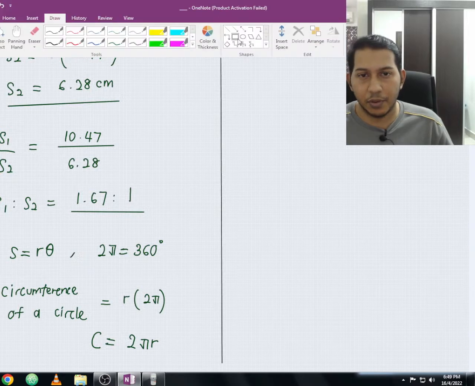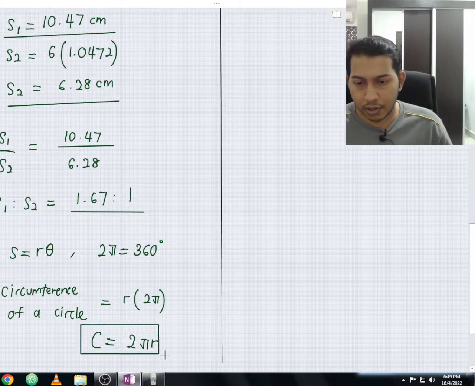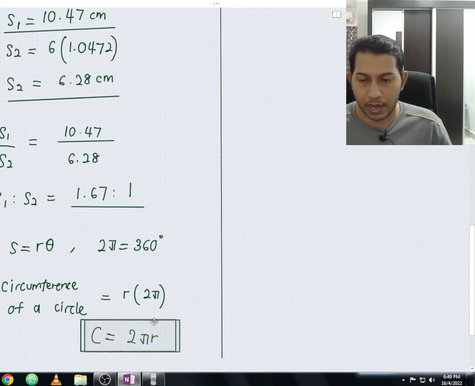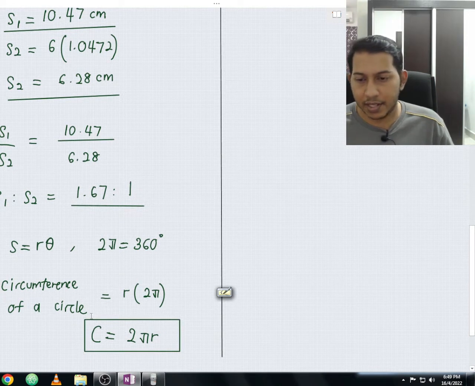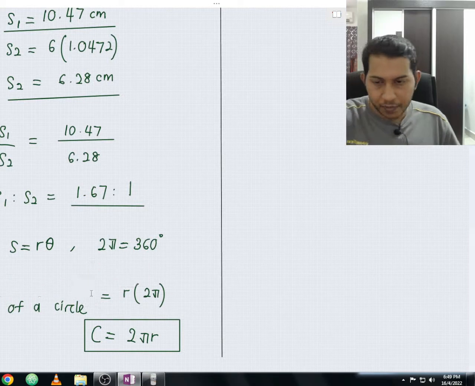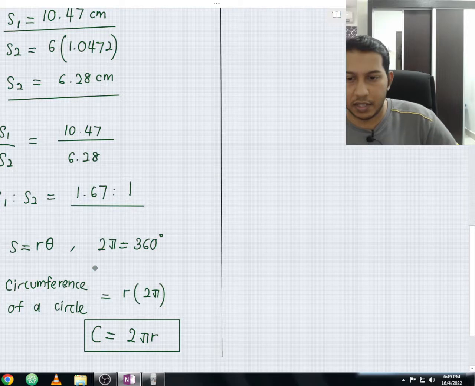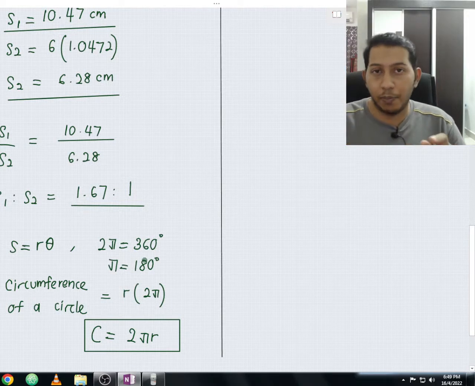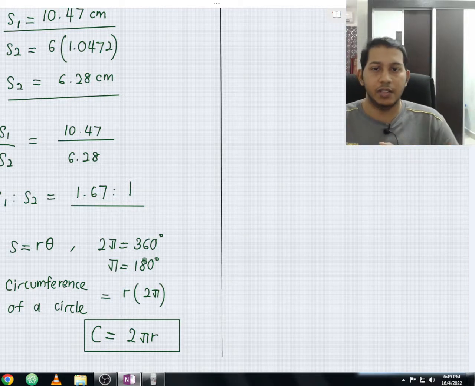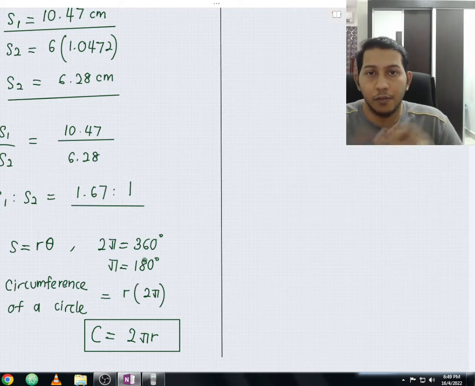This is another important thing you should take note of. This is for your extra explanation. I hope you understand the concept behind this. 2 pi is equal to 360 degree and pi is equal to 180 degree. These angles you learn during part 1, guys. If you haven't watched the part 1 video, please click on the link above and watch those videos, then come to watch this lecture video for better understanding.